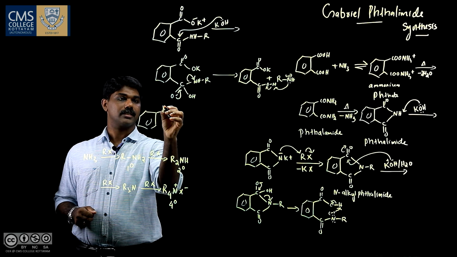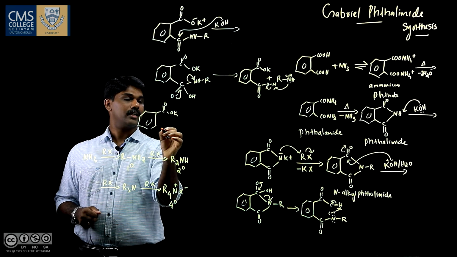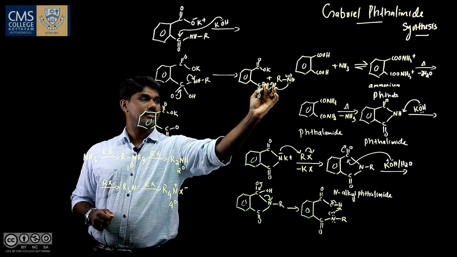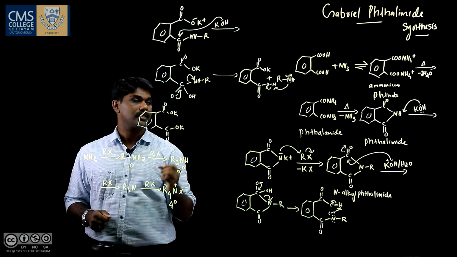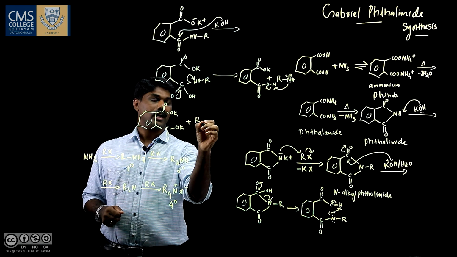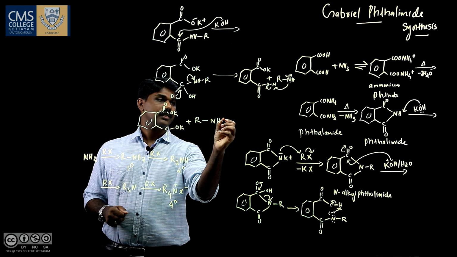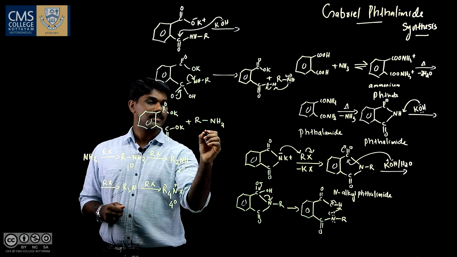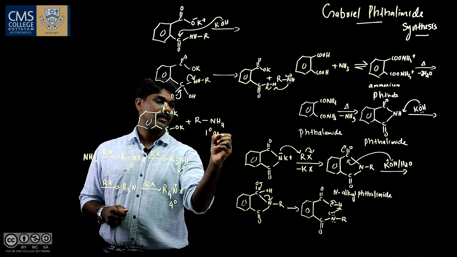Here we have an oxygen and the potassium may attach to this oxygen, and we get RNH, then with this hydrogen it becomes RNH2, and this is the primary amine.